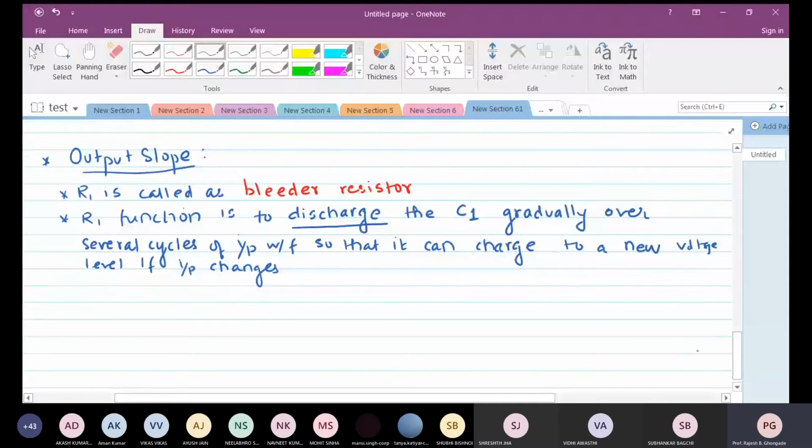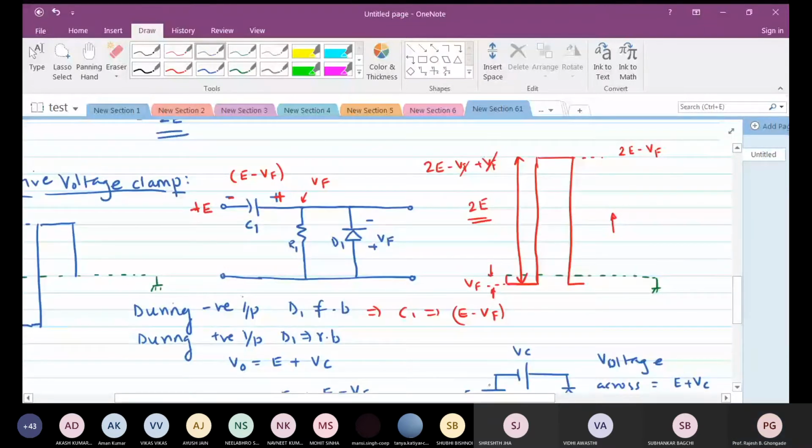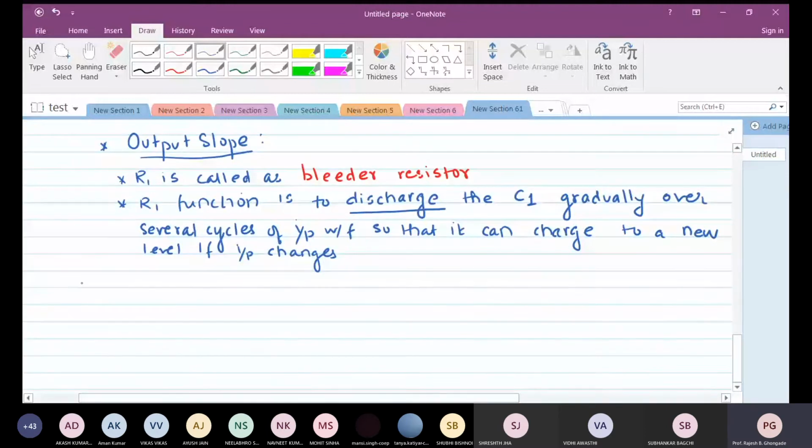This is interesting. We are assuming that the input is the same. That is, it's going to be a pulse, a waveform like this, throughout the time.